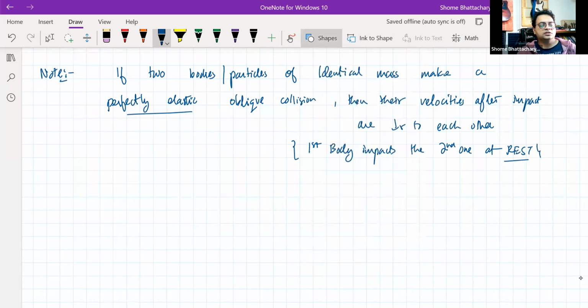So what the theorem means is that if a moving body comes and hits a stationary body, but they are of identical mass and the collision is perfectly elastic.